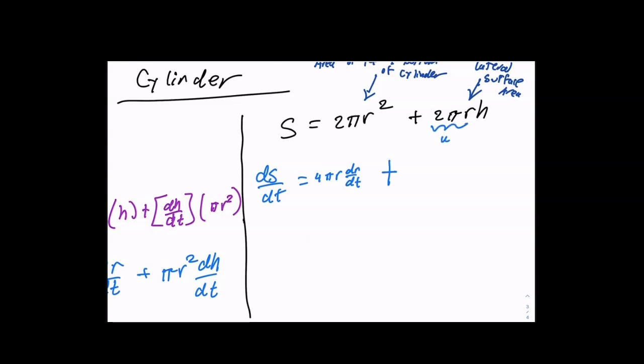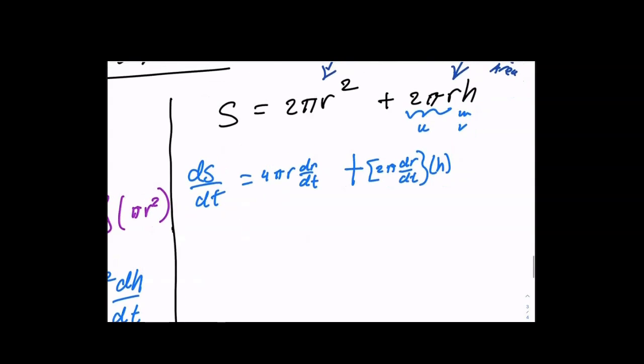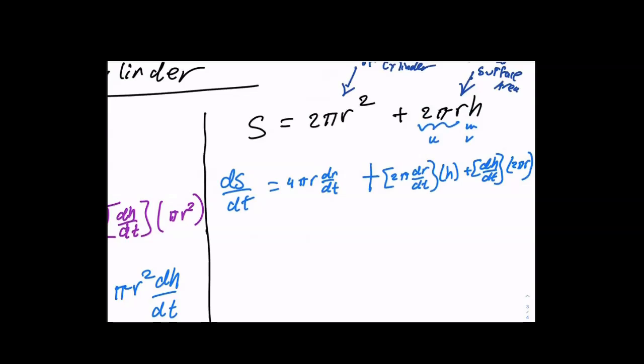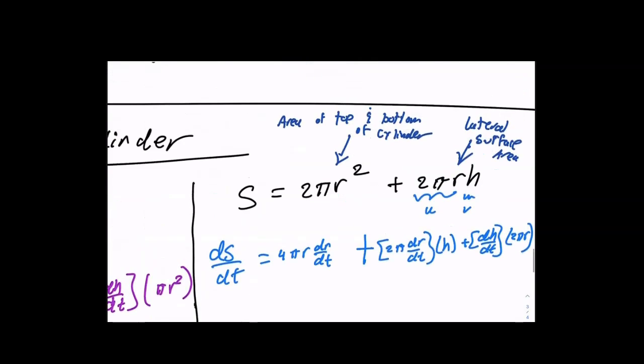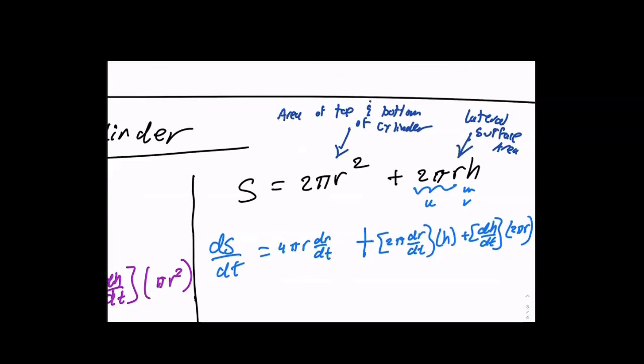So it'll be plus 2 pi dr/dt times h, plus dh/dt times 2 pi r. There you go.